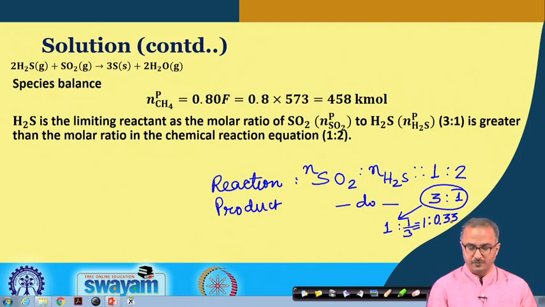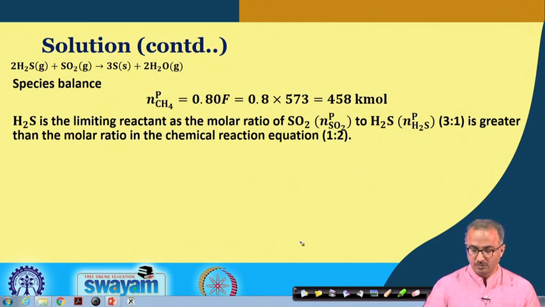So, for reacting this 1 mole of SO2 we need at least 2 moles of H2S by stoichiometry, but in the product we do not have so much, we have only 0.33 mole. That means in this case the H2S is the limiting reactant and not SO2. So, this is how you can identify the limiting reactant. Now, we go to the next problem.